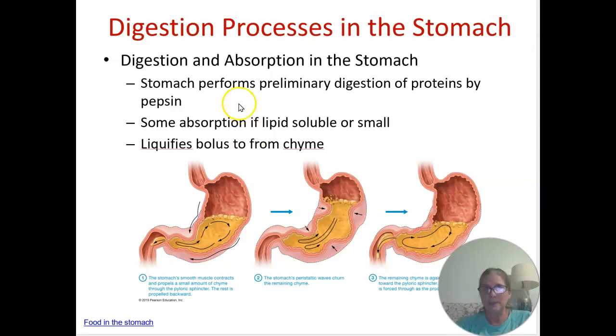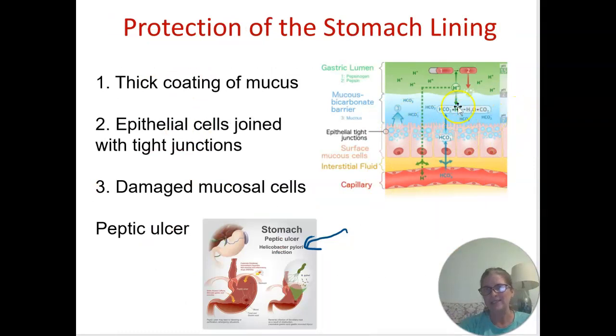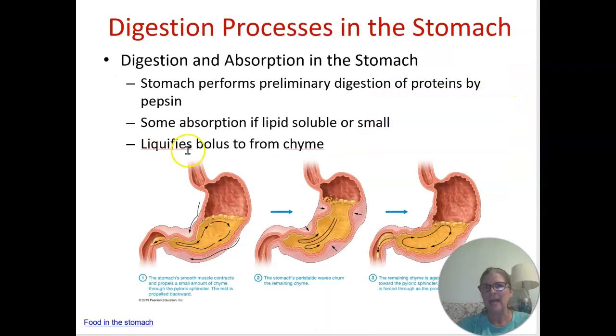As far as what's happening in the stomach, we've already mentioned these processes. The food comes in. The only digestion is protein digestion from pepsin. A little bit of absorption. As we mentioned, we have this really thick layer of mucus, so it's really hard for anything to get through that mucus to be absorbed. But if it's lipid soluble, like alcohol is lipid soluble, aspirin is lipid soluble, or it's very, very small, then it could be absorbed in your stomach.